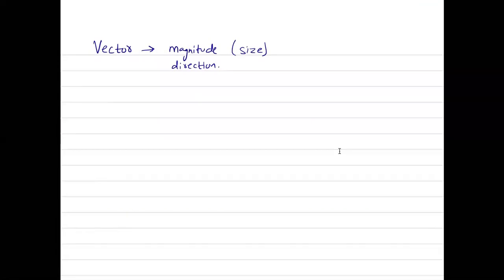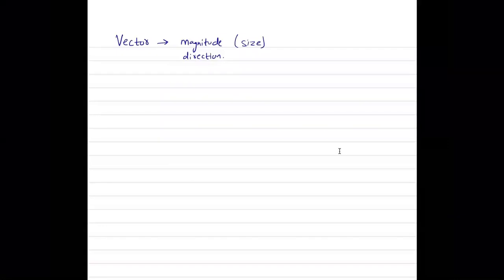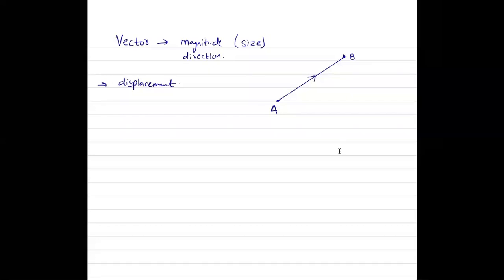Okay, so movement basically means that a body has moved a certain distance in a given direction, and that is known as the displacement. If a person has moved from A to a point B, then that is the displacement from A to B. This displacement is also known as translation because that person has translated from this location to this location.